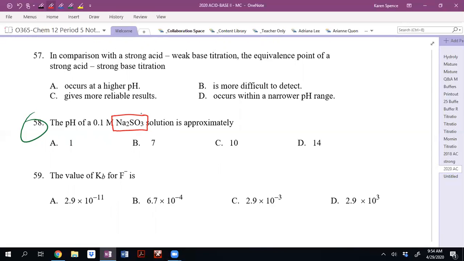And when you see a salt, you have to ask yourself, what should you be asking about a salt? Hydrolysis, yes. We know that Na plus does not hydrolyze. However, SO3 2 minus certainly can.